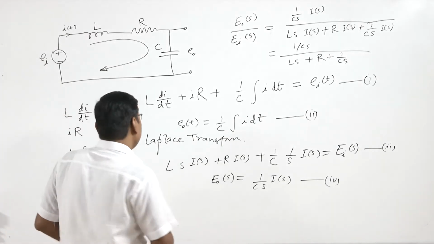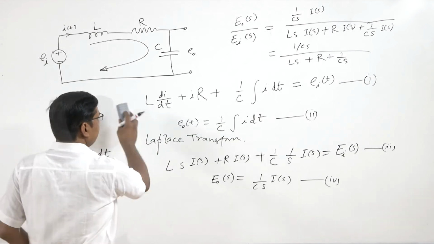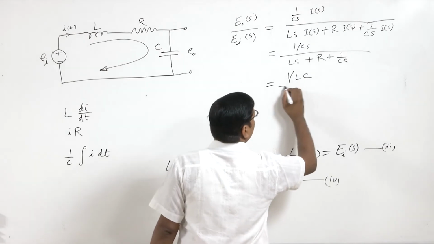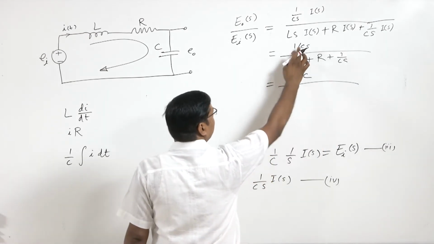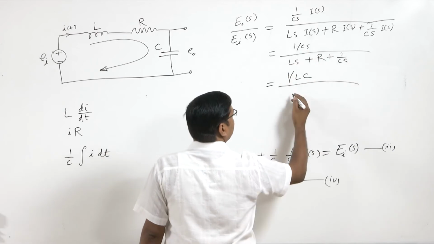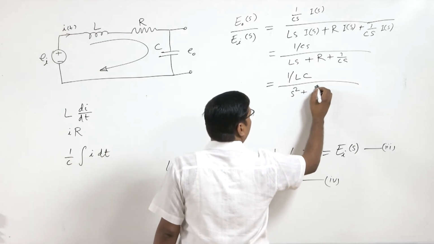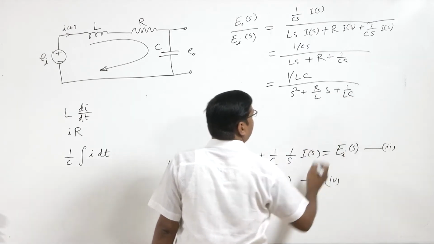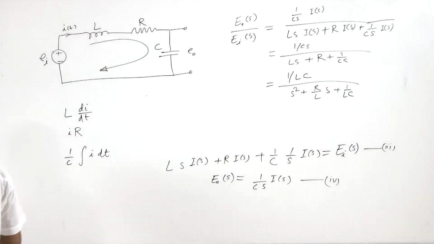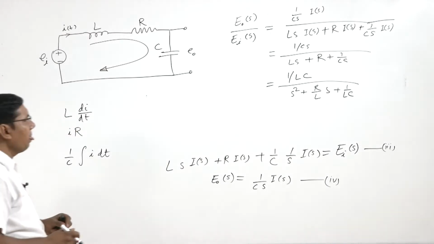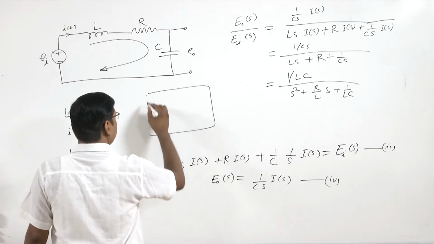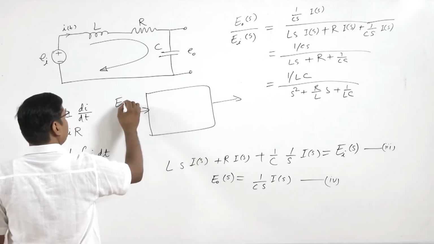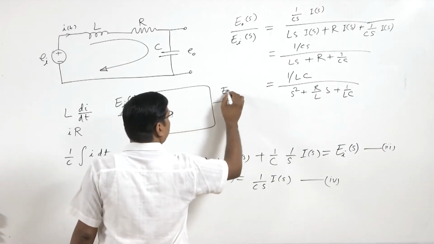Here again we can simplify this expression by taking L outside: 1 by LC upon s square plus R by L s plus 1 by LC. So we can represent this transfer function between Ei(s) and Eo(s).